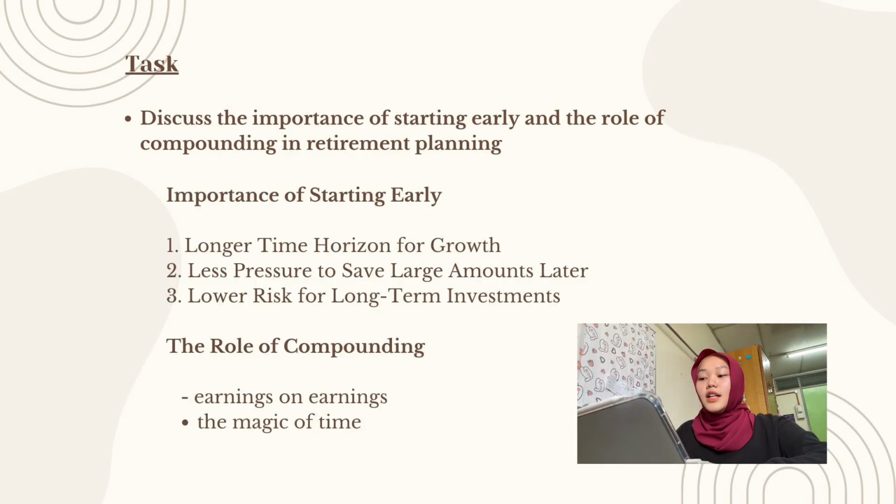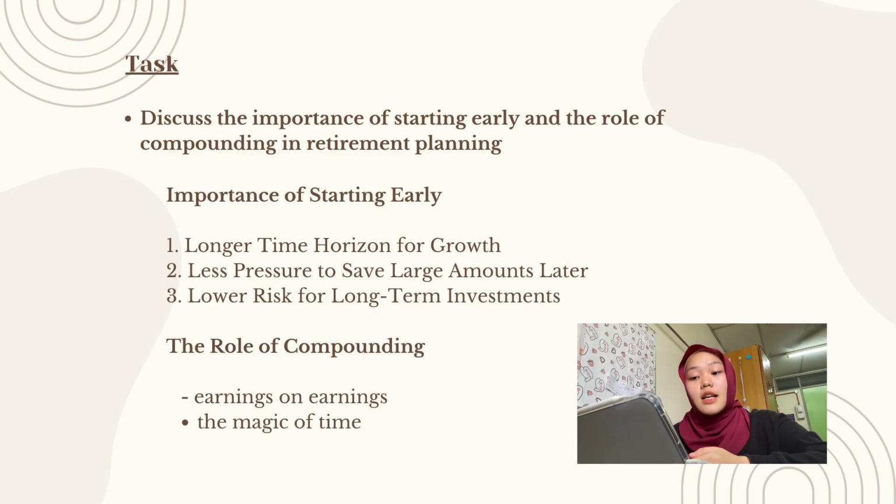So, the third and the last task for ordinary annuity certain is to discuss the importance of starting early and the role of compounding in retirement planning. So let's see the importance of starting early. The first one is a longer time horizon for growth. It means the earlier you begin, the longer your investment has to grow. Even small amounts saved early on can lead to substantial sums by retirement.